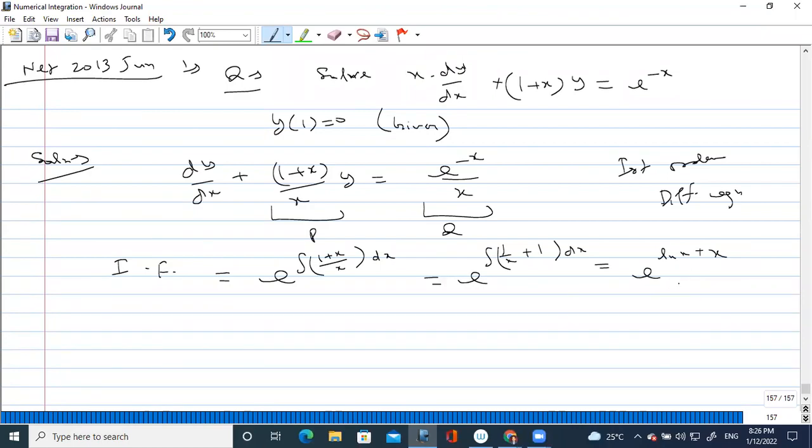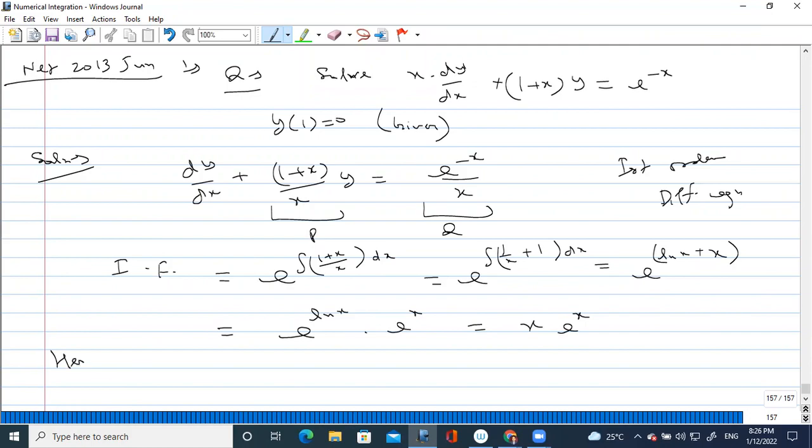Now e to the power a plus b, what can we write? e to the power a into e to the power b. So it will be e to the power ln x into e to the power x, and e to the power ln x will give me x, as e and ln will go off. It will be x e to the power x. So this is the integrating factor here.